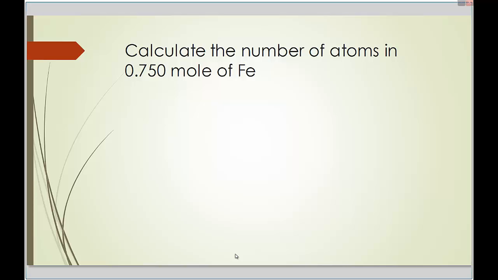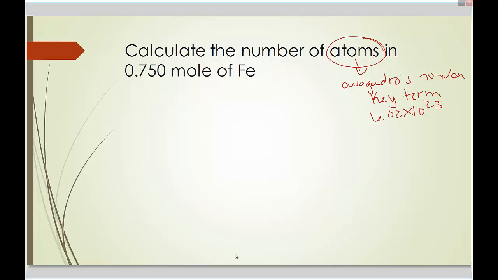Okay, so I mentioned that the word grams, or the word mass, is the key term for molar mass. The terms atoms, ions, molecules, or formula units, one of those 4 will be the key term for Avogadro's number, which is 6.02 times 10 to the 23rd.